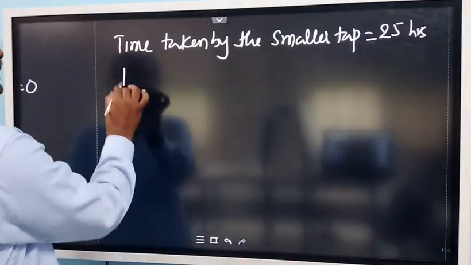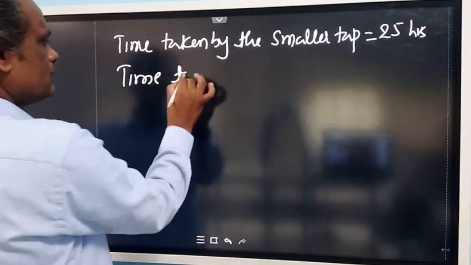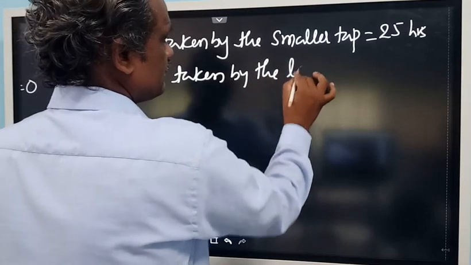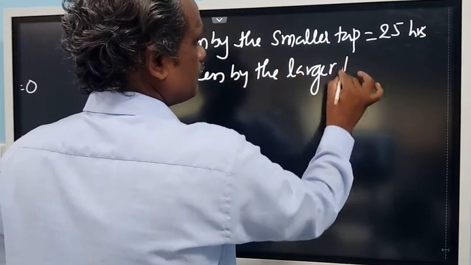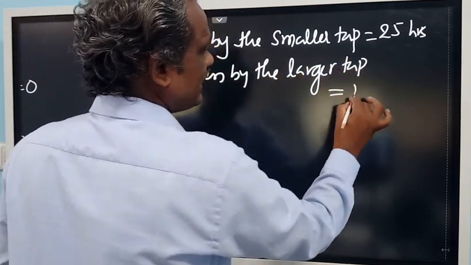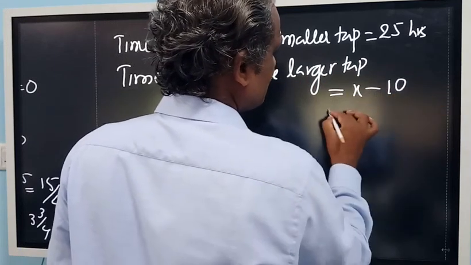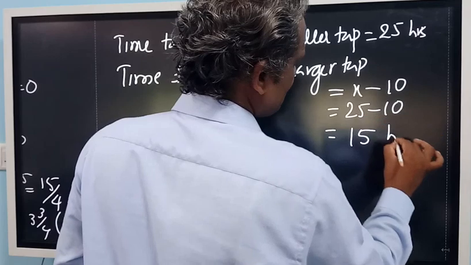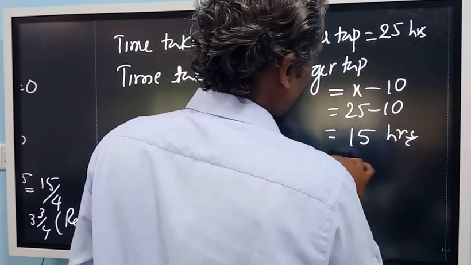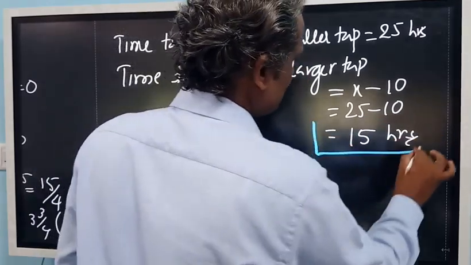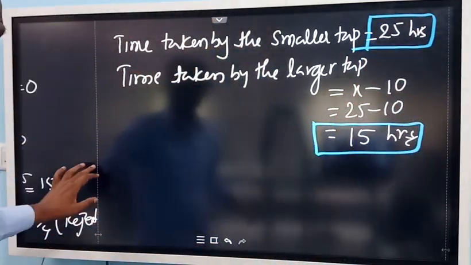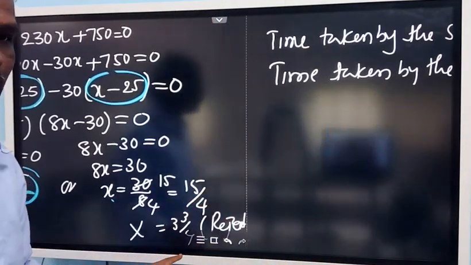Now, time taken by the larger tap is x minus 10. So 25 minus 10, that is 15 hours. This is the time taken by the larger tap, and this is the time taken by the smaller tap. You understood why we rejected the second value even though it is a positive number.